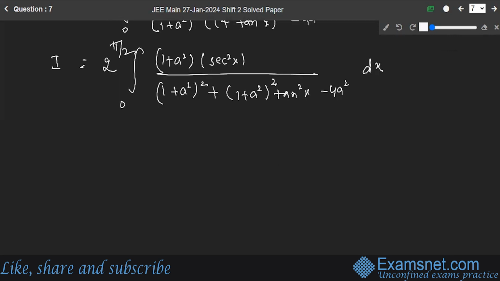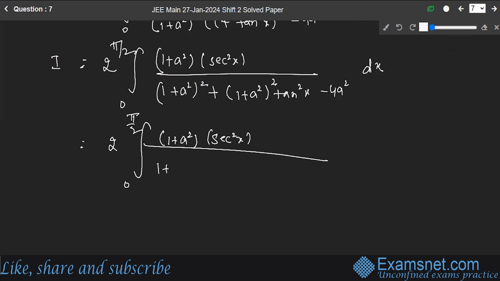Okay, this is twice limits 1 plus a square secant square x divided by 1 plus a power 4 plus 2a square, I'm writing minus 4a square over here, plus 1 plus a square whole square tangent square x dx.